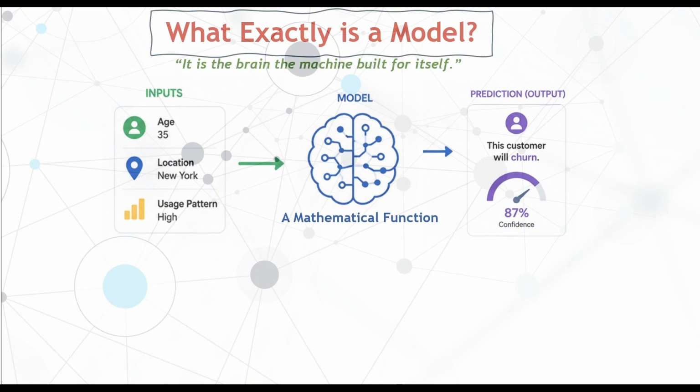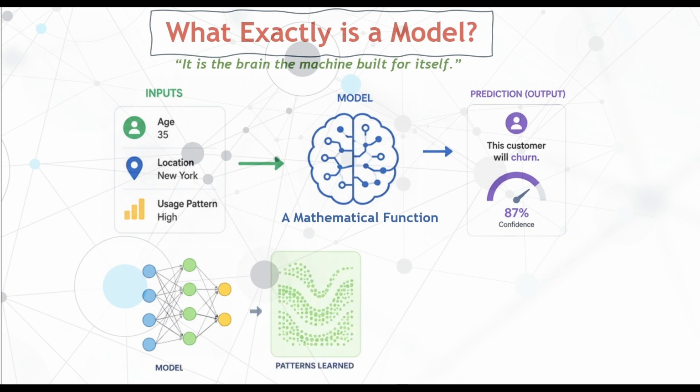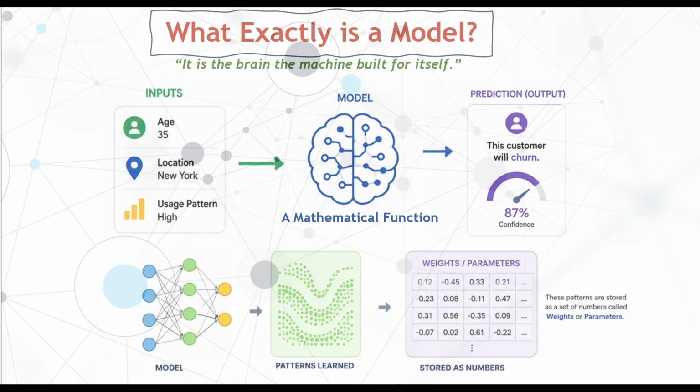The model learns patterns from the data, and those patterns get stored as a set of numbers. These numbers are called weights or parameters. We adjust those numbers until the model gets good at the task.